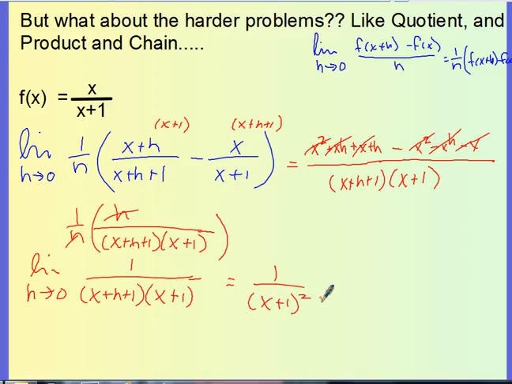There's just some manipulation, but it's all algebra. How good is your algebra? Any questions on this one? So, what's my advice when you're dealing with rationals? Don't think of it as all over h, think of it as 1 over h times all that, okay? It's just much easier.